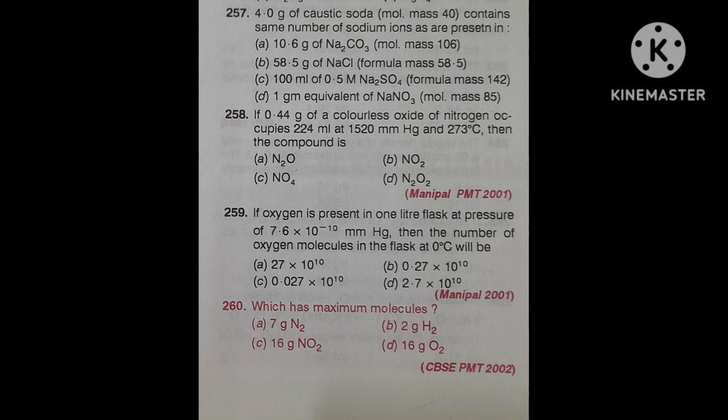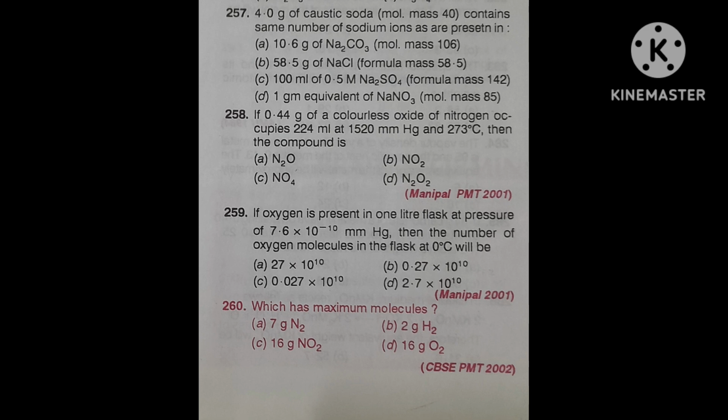Now I am giving you a hint. Here you have to apply P1V1 upon T1 equal to P2V2 upon T2. Correct? Here you have to calculate the volume at STP.